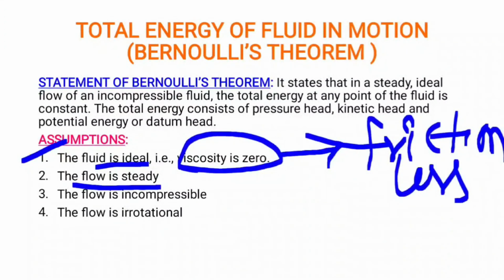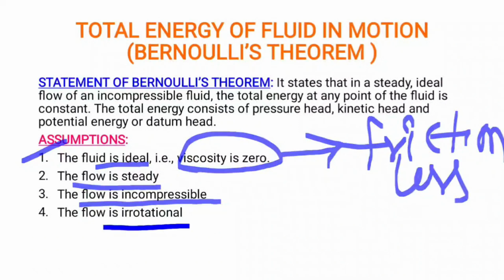The flow is steady, that is the flow characteristics, that is velocity, pressure, density etc. with respect to time at any point doesn't change. The flow is incompressible, that means the density is constant.